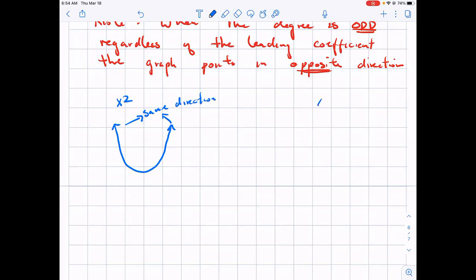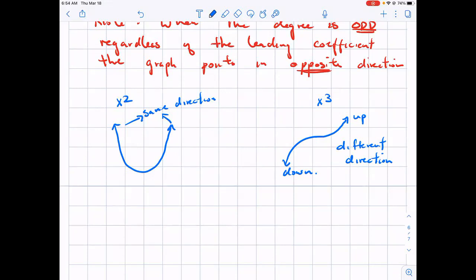If we have x cubed, one end is pointing up and the other goes down, a different direction. This will always be the case. So anytime you see an odd degree, or an even degree, you already know what's happening with the endpoint behavior.